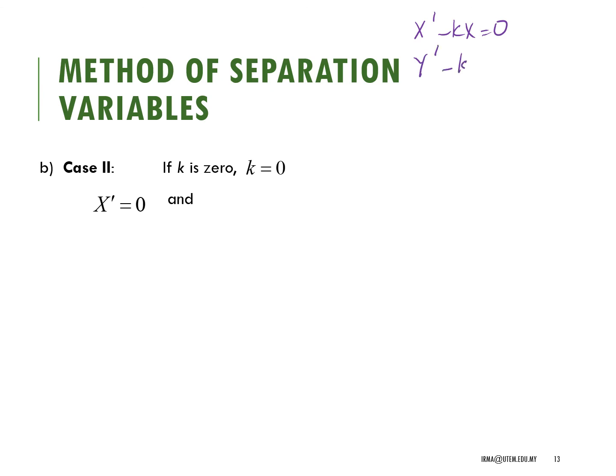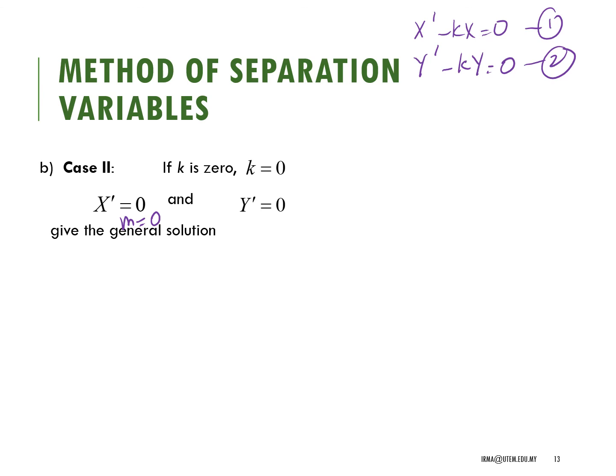The same equation. When we substitute k equal to 0, you only have x prime equal to 0 and also y prime equal to 0. If you find the roots, you can change this to m equal to 0. So the root is 0.